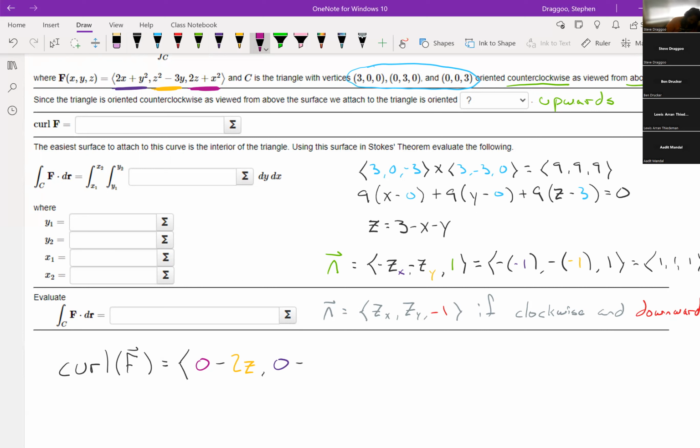Magenta partial x is going to be 2x. And then finally, I'm going to want yellow partial x, which is 0, minus purple partial y, which is 2y.